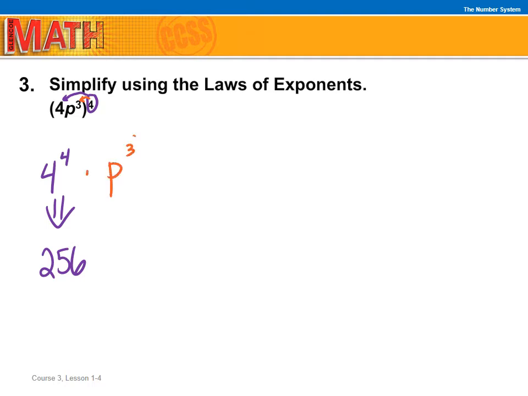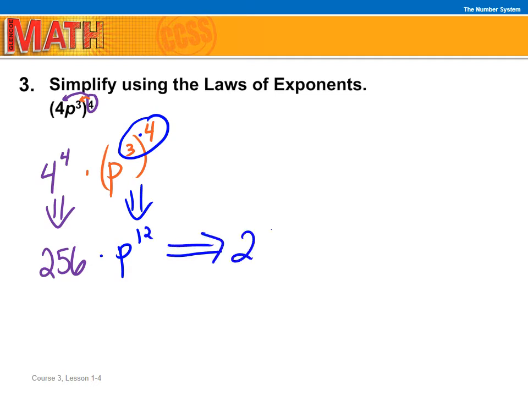So I'm taking p to the third power, putting parentheses around it, to the fourth power. And now, like we did in examples 1 and 2, let's multiply 3 times 4. That gives us p to the 12th power. So our answer is 256 times p to the 12th power.